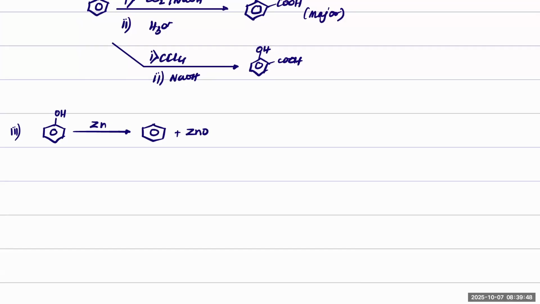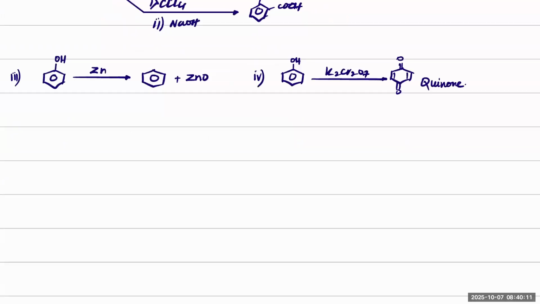Next, phenol, typically when you treat with K2Cr2O7, oxidation will take place. So this is what we call benzoquinone. You get the formation of benzoquinone here. Clear? Okay.